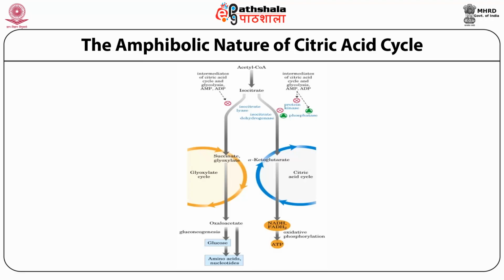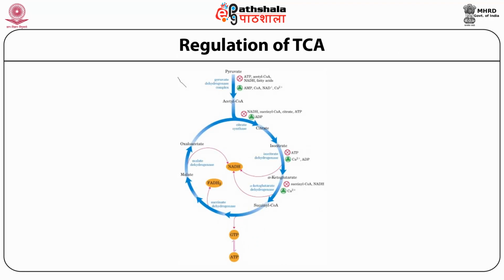In another route, isocitrate is converted into alpha ketoglutarate through the TCA cycle, and by the process of oxidative phosphorylation it generates ATP.